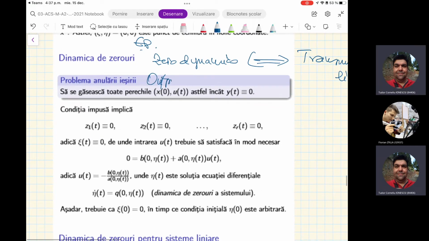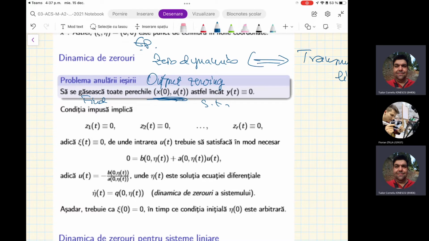The problem of output zeroing. Okay. So you need to find all x0 and u such that y(t) equal to 0. That's unobservability.